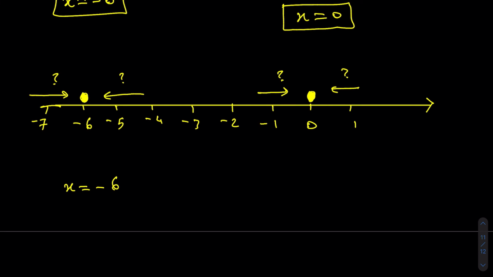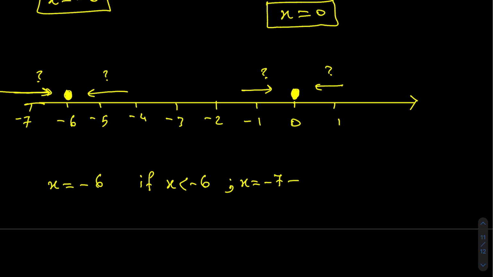Let's say if x is less than -6, it means we are approaching from -infinity, and x = -7. Let's see what will happen in the inequality.